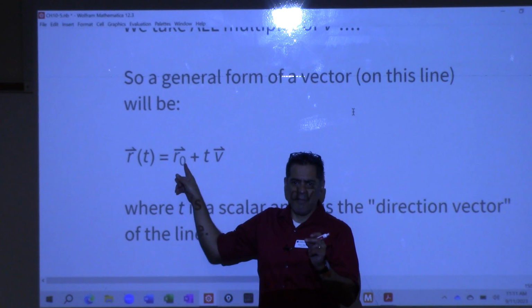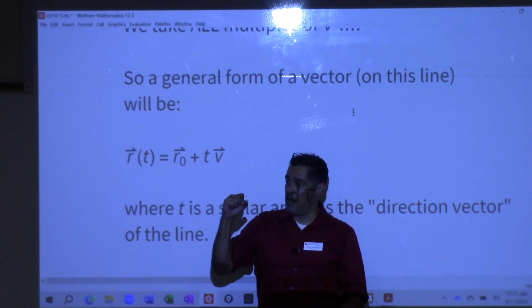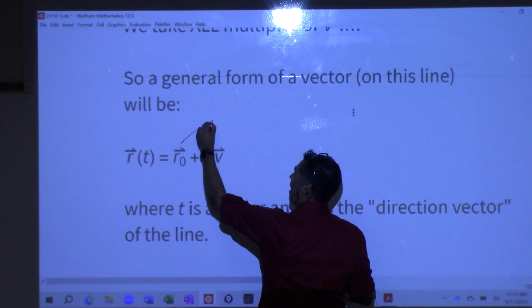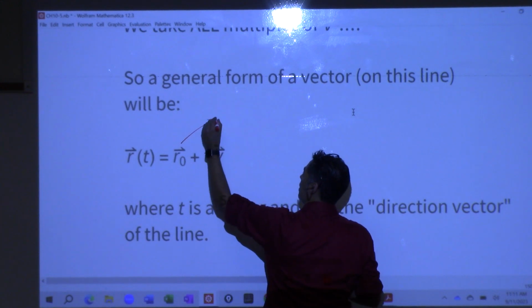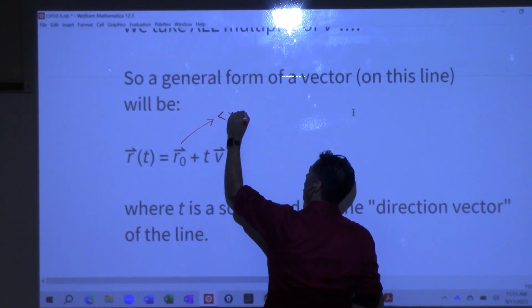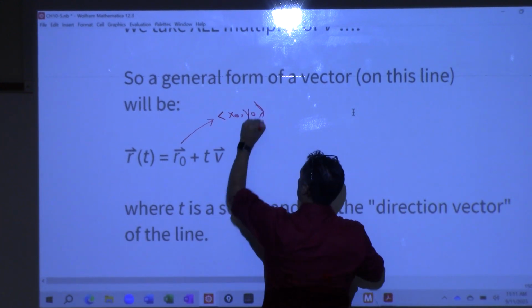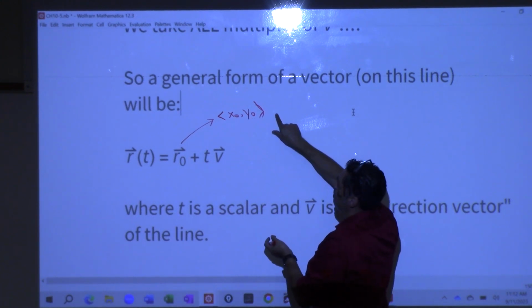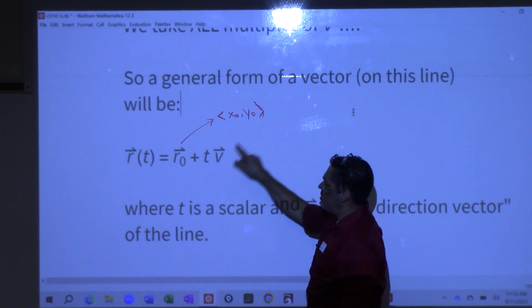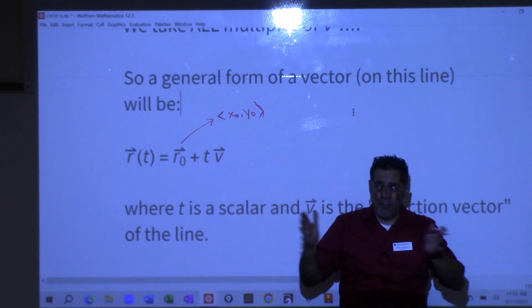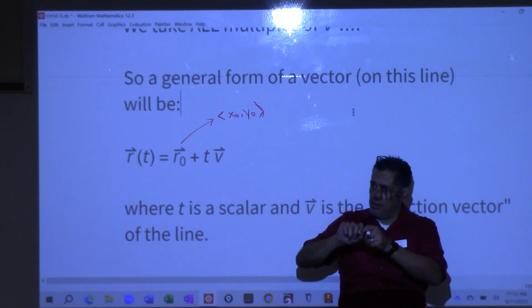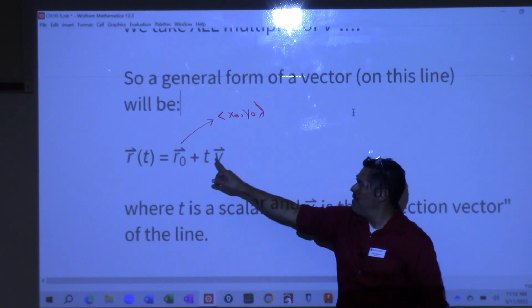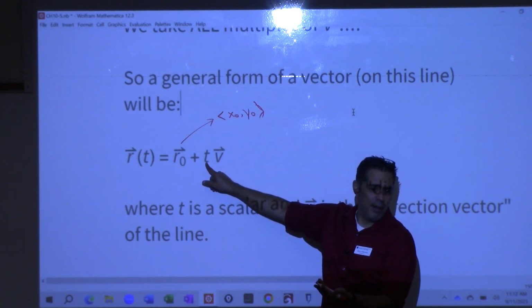It's like an initial vector. So somebody gives me a point, right? And this vector will come from that point. This is going to be the vector x0, y0 in 2-dimensional space. It'll be x0, y0, z0 in 3-dimensional space, right? And then t is the scalar multiple that stretches out that vector in both directions. This t is going to be any real number.